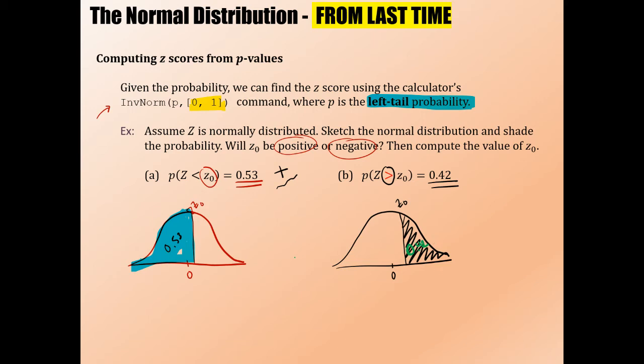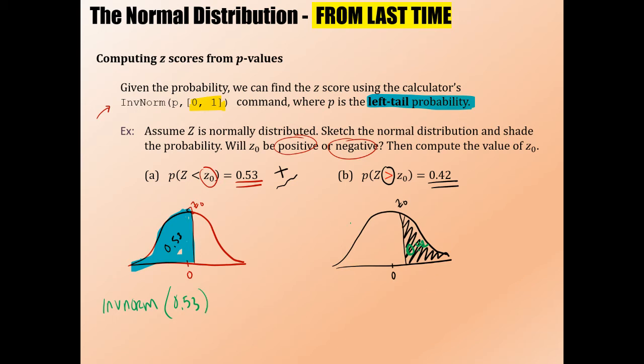And do be mindful that there's different ways you can approach this, right? Like I could go ahead and here, obviously I'm going to be doing the inverse norm, and I'm just doing 0.53, right? I shouldn't have to do that 0 and 1 because my calculator knows that.